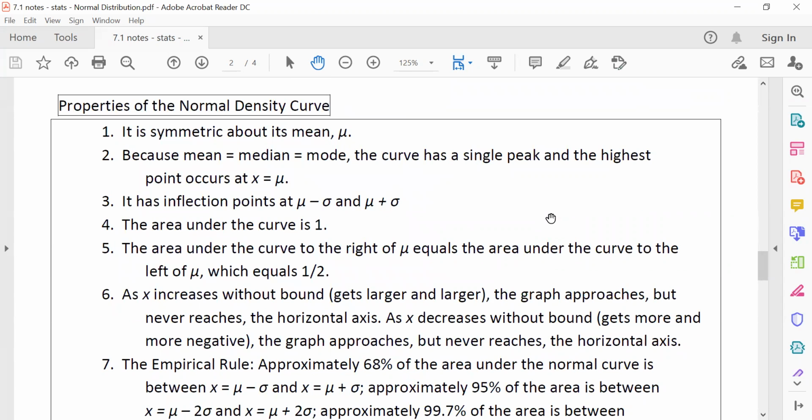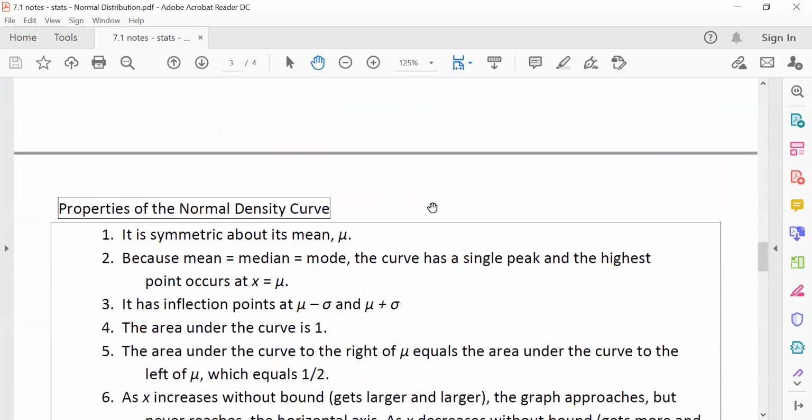So it is symmetric. We also have that the mean, median, and mode are all equal, which is kind of interesting. Remember, the median is the point for which 50% of the values fall below it and 50% fall above it.